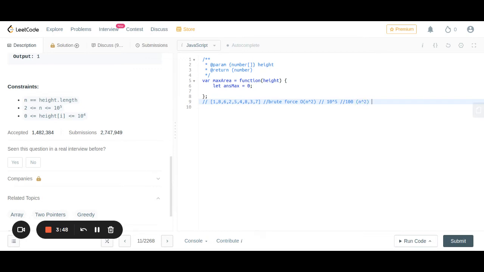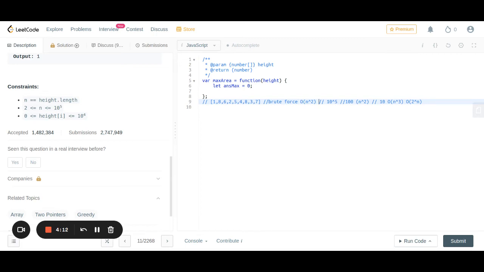And if the constraint is very small, like 10 or 30, then you can try a brute force solution, which is like n cube or big O of 2 raised to n. Okay, both solutions work.